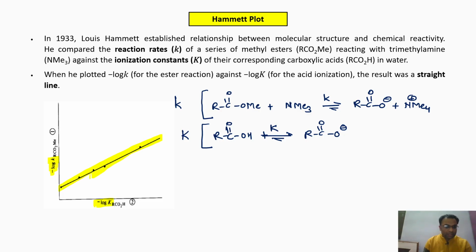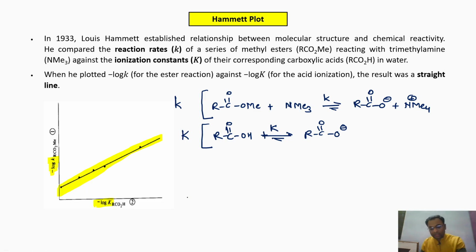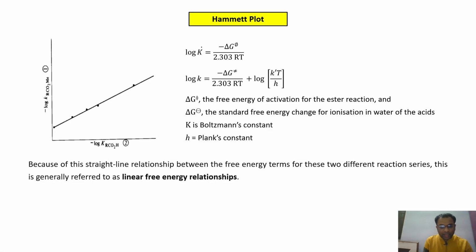Both capital K and small k are related with the Gibbs free energy. This relation is then referred to as a linear free energy relationship.